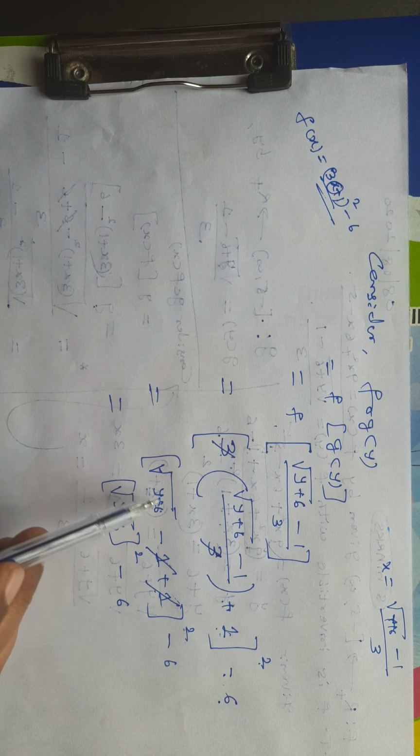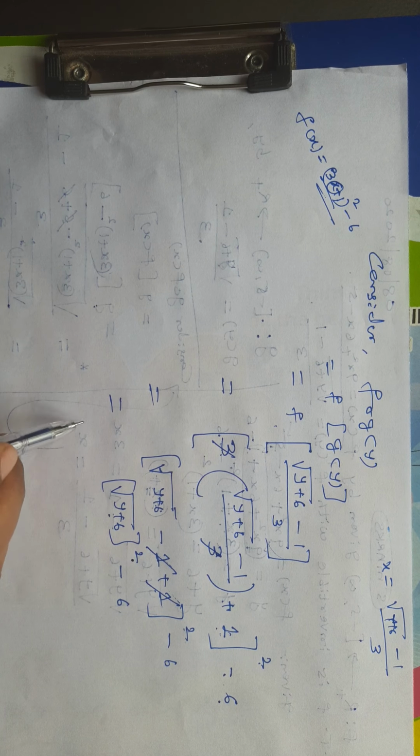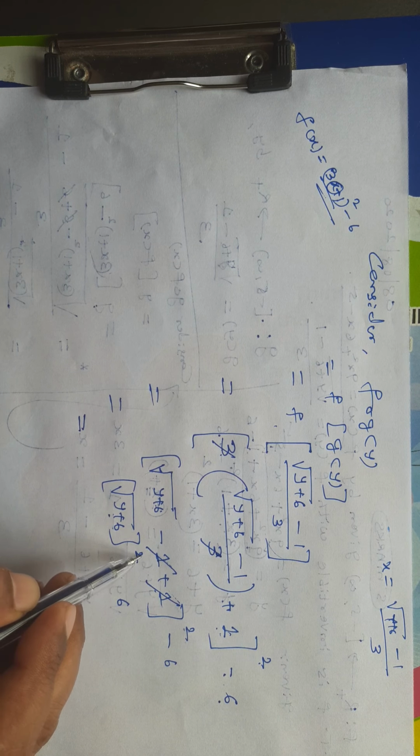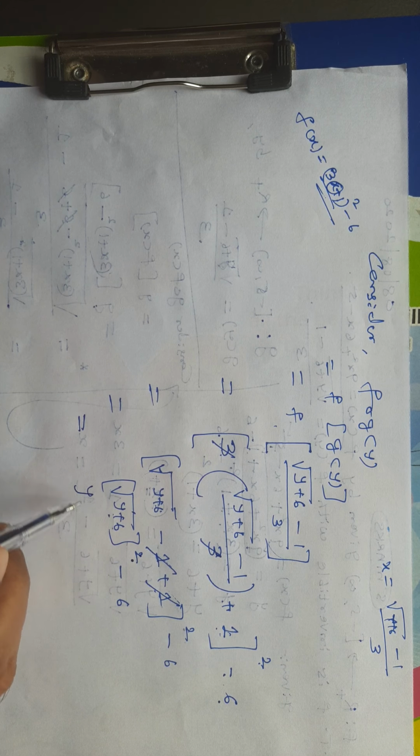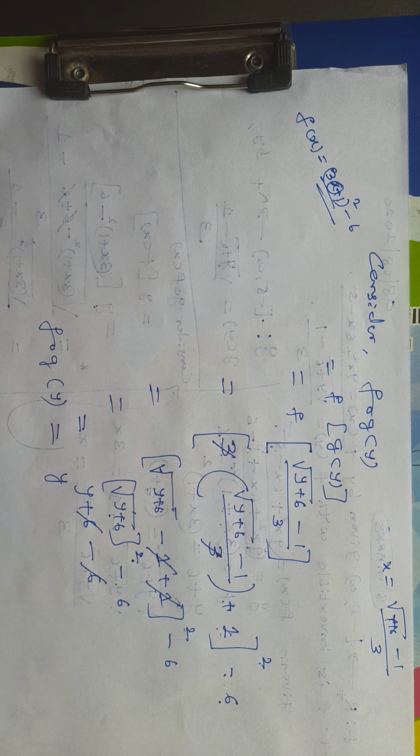So this cancels, I get only root y plus 6 whole square. Then as we know, square and square root, we get only the radicand here, y plus 6, this minus 6 as it is, so this cancels, I will get y. So we have proved that f of g of y is equal to y.